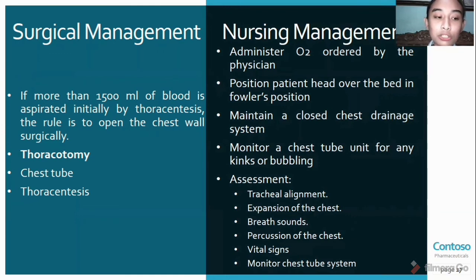Thoracotomy is a surgical opening into the chest cavity. Chest tube is to expand the lungs and to remove excess fluid and blood from the chest. Thoracentesis is also to remove air and fluid from the pleural cavity.